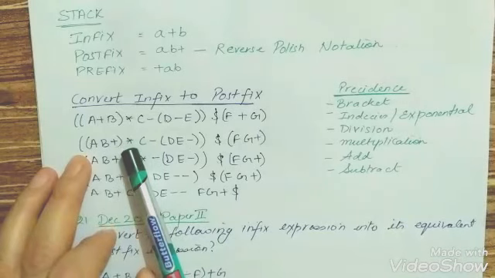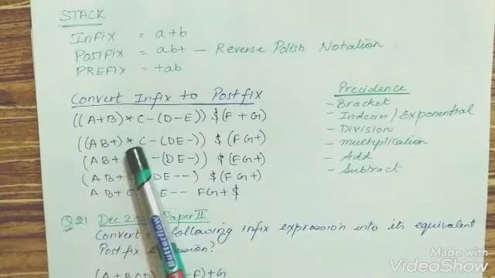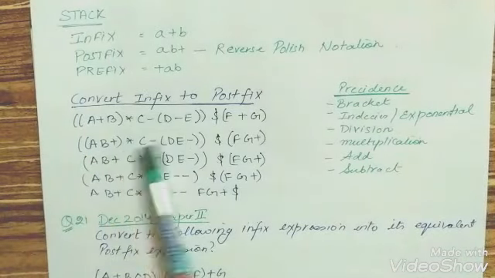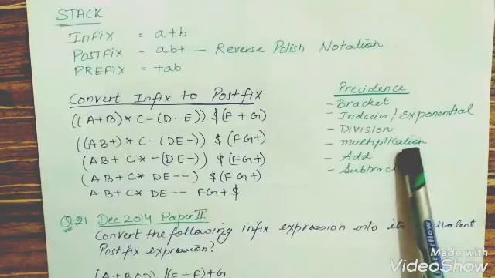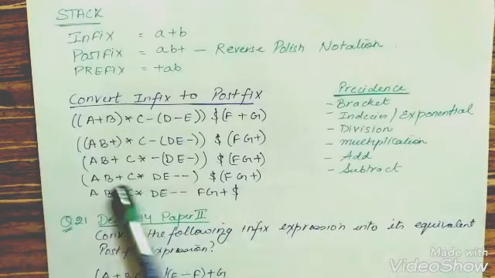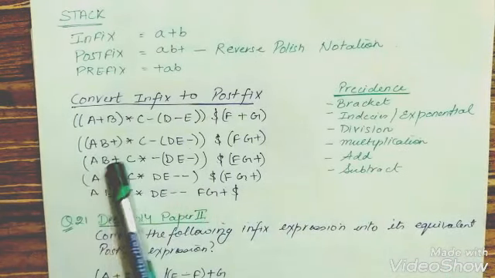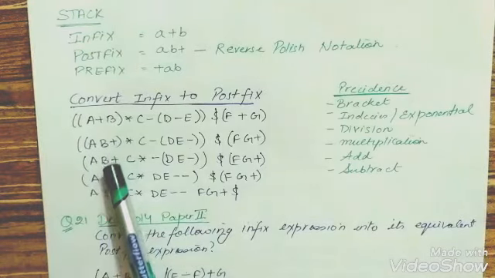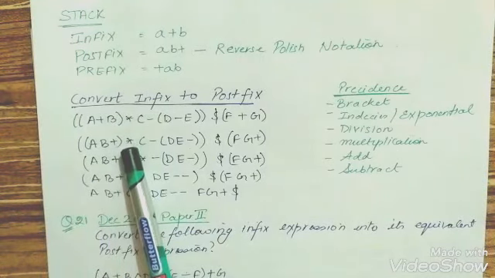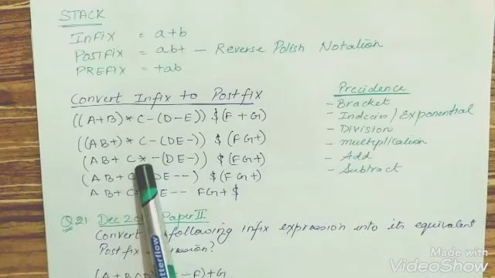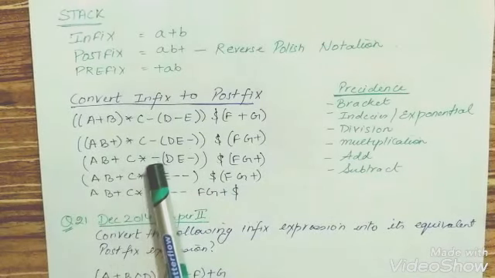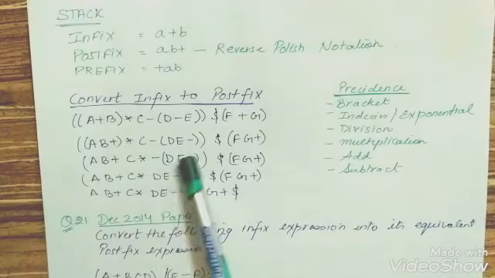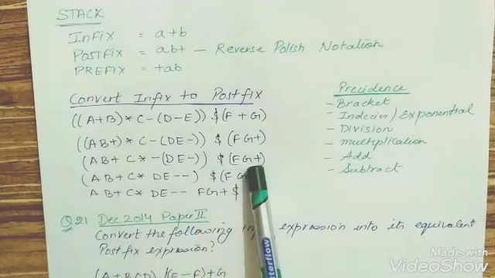So here we have two operands, as you can see, and operators multiplication and minus. So we know that we will give preference to multiplication as it has higher precedence. So what we do, ab plus remains as it is, and then we move this multiplication sign here. So we get ab plus c into, minus, then the bracket remains the same.